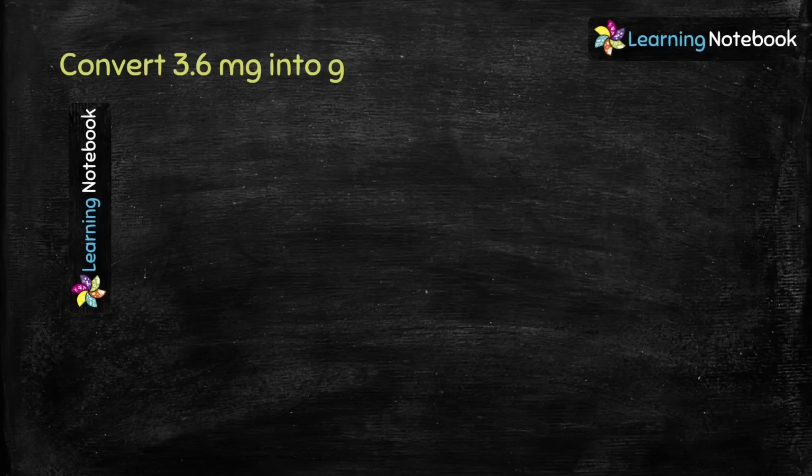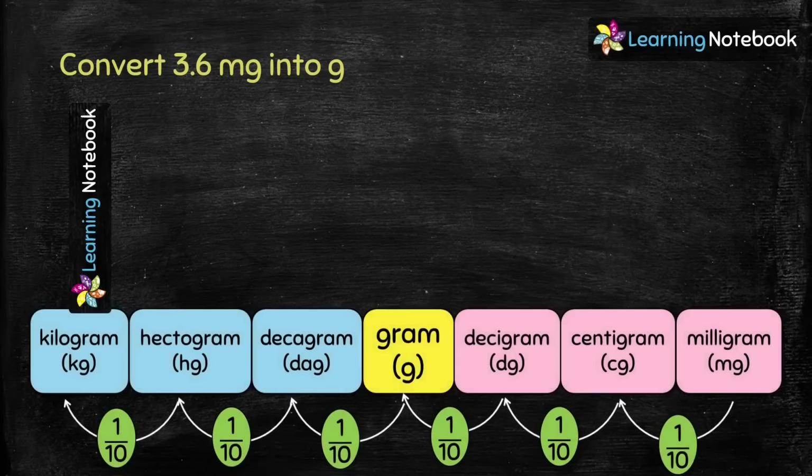Convert 3.6 milligram into gram. So let's refer to this diagram and see 1 milligram equal to how many gram? So we need to jump 1, 2, 3, 3 times. So 1 milligram equal to 1 by 1000 gram.